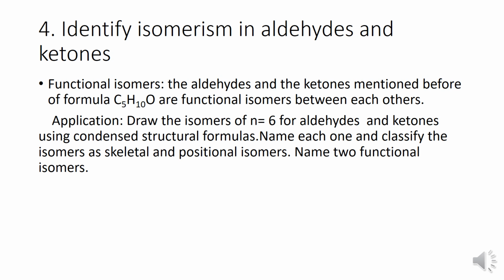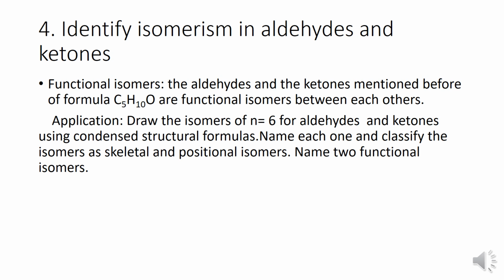Now, what do we have? The fourth one is functional isomers. Functional isomers, what are they? In this case, the aldehydes and the ketones mentioned before, of formula C5H10O, are functional isomers of each other. What do I mean by this?